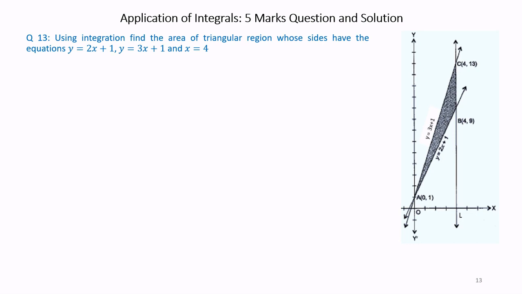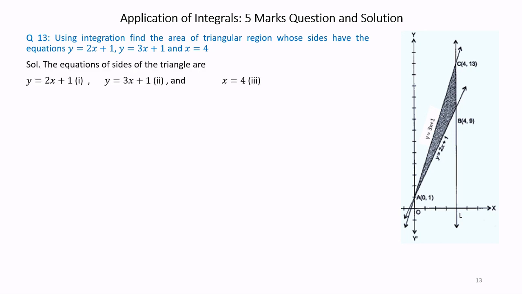They join in such a way to form a triangle. Let us solve it. We are required to find the area of the triangular region. So the equations of the sides of the triangle are given as y equals 2x plus 1, y equals 3x plus 1 and x equals 4.